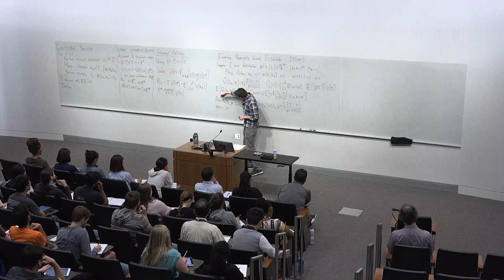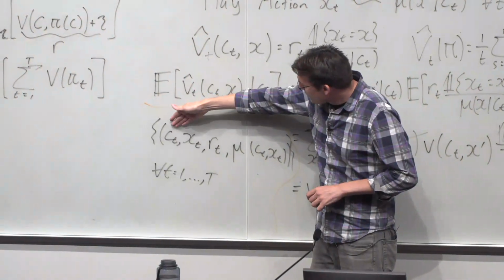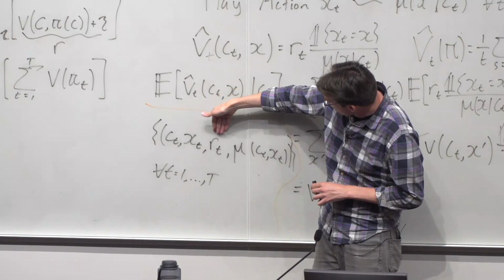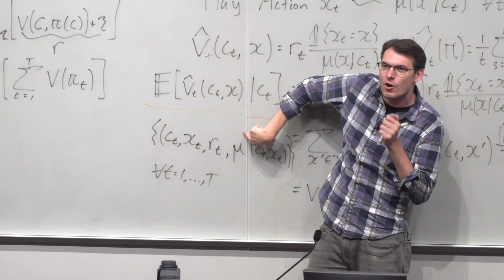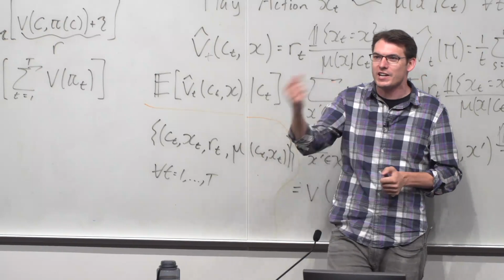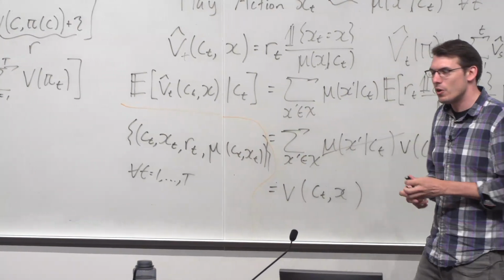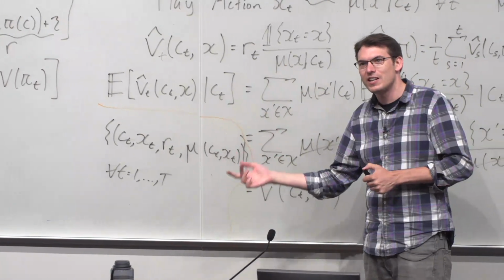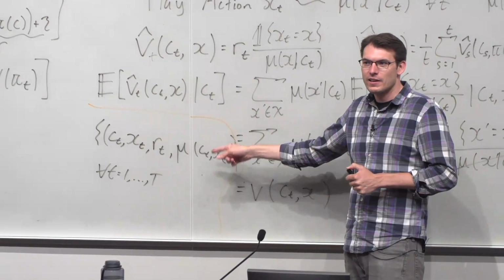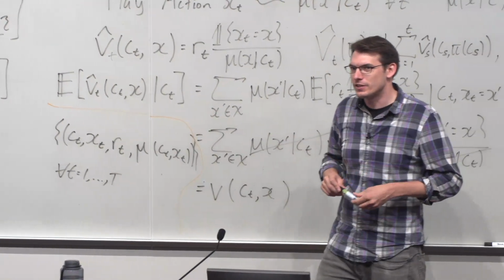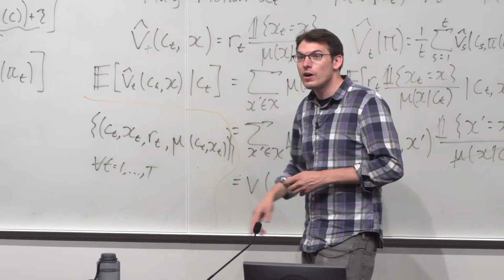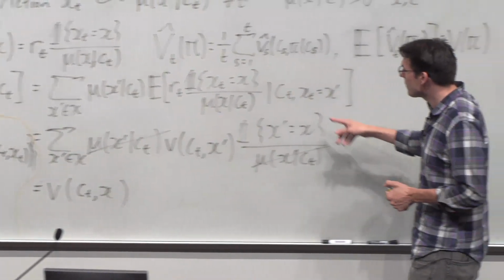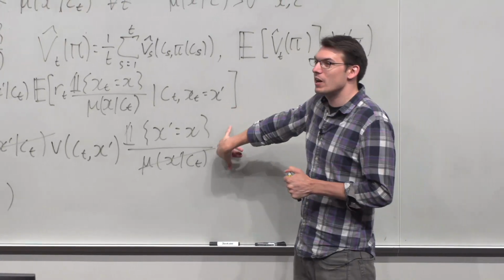You need to log what context you saw, what action you took, what reward you got, but most importantly, the probability with which you took that action. That's critical to this. And if you don't log this probability, or if this probability is 0, then this will no longer be an unbiased estimator.